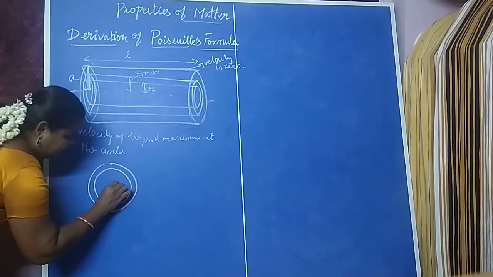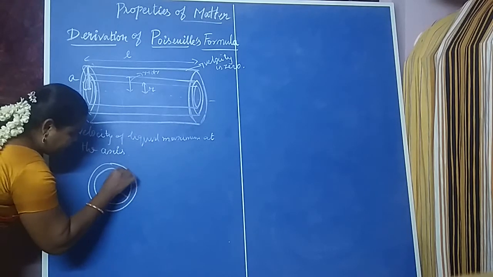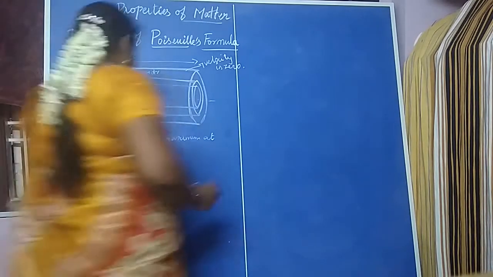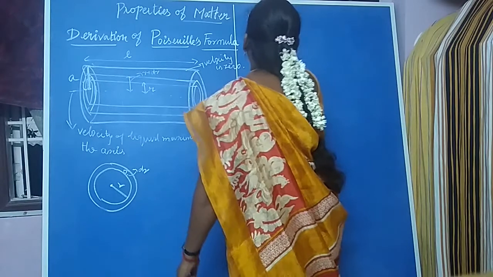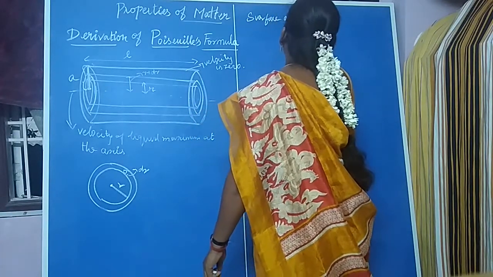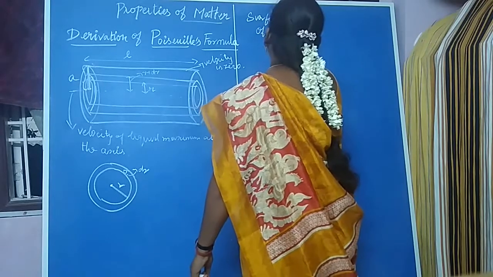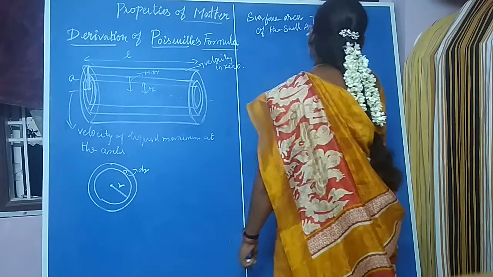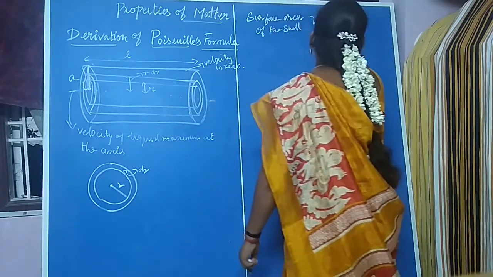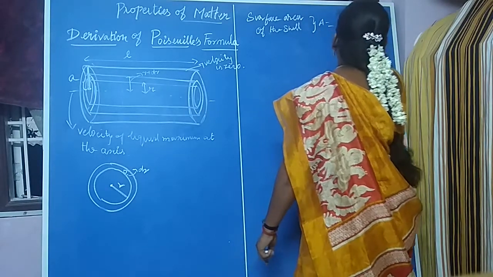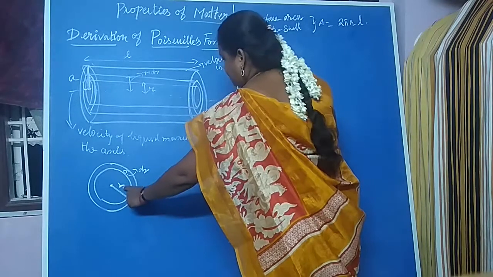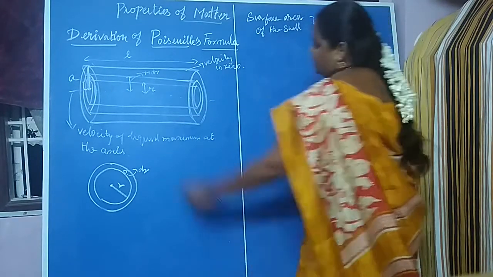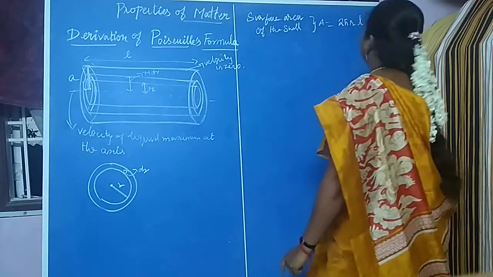The radius of the shell is r and the thickness of the shell is dr. For this cylindrical shell, the surface area A equals 2 pi r into L, because the circumference of this shell is 2 pi r, where r is the radius of the shell, and the length of the tube is L, so we get area equal to 2 pi r L.